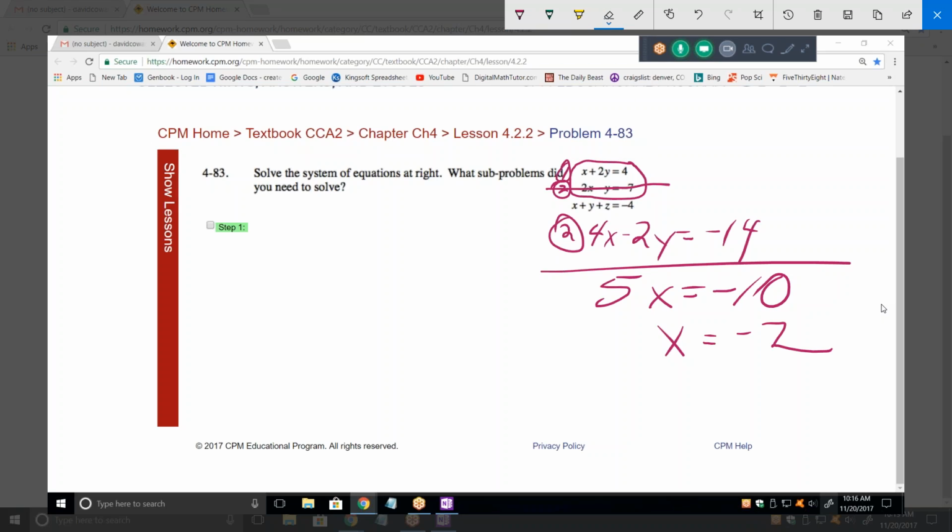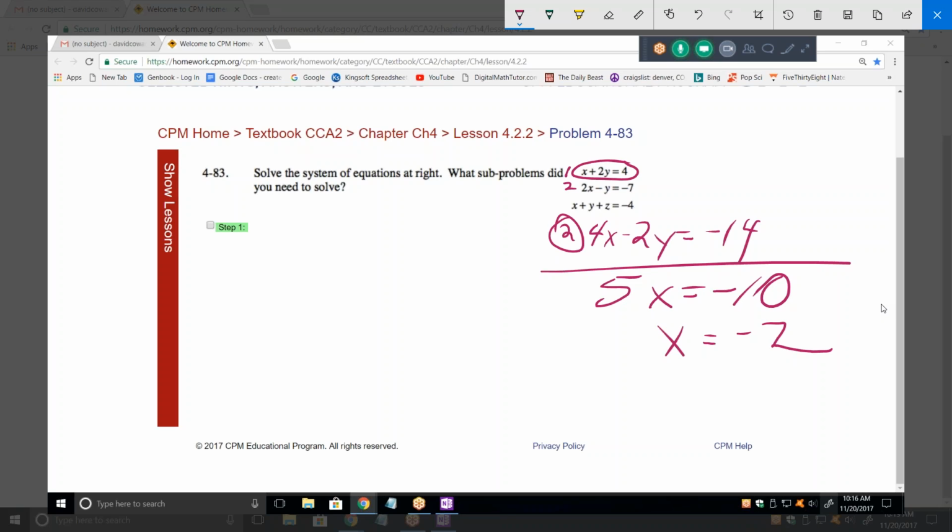Now you got to solve for y. Which equation are you going to use? My original number 1, my original number 2, or the new number 2? Original number 1. Yeah, that is by far the easiest one to use.